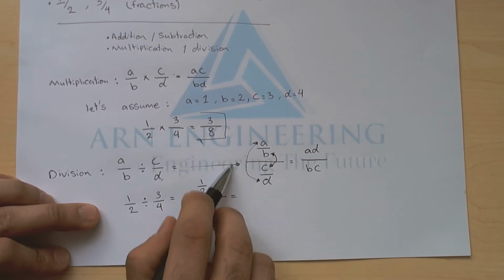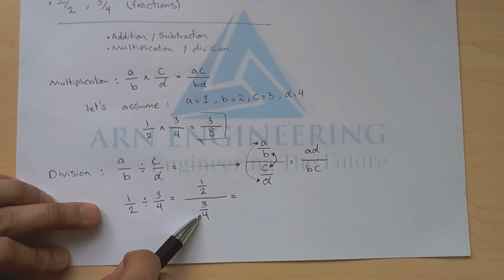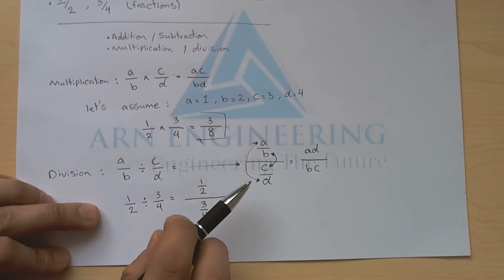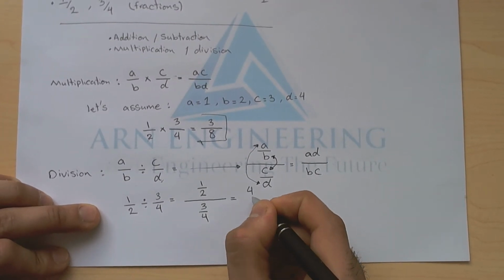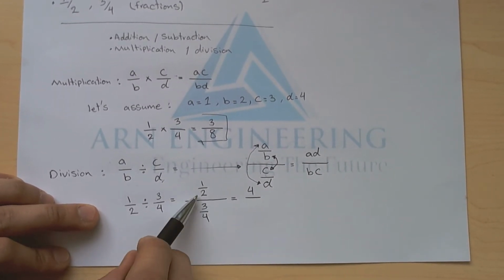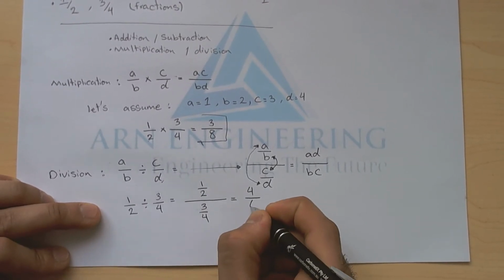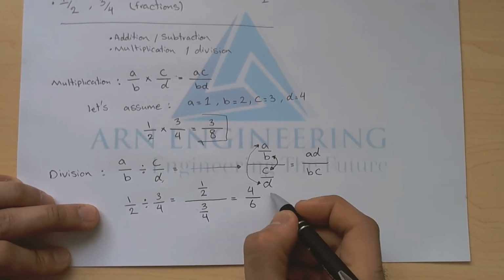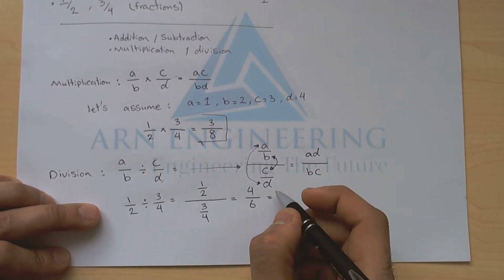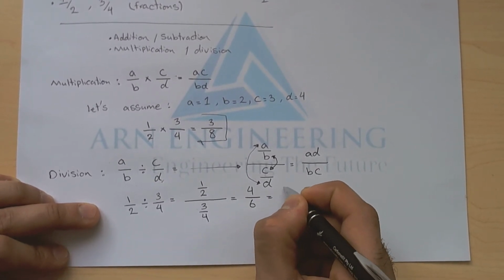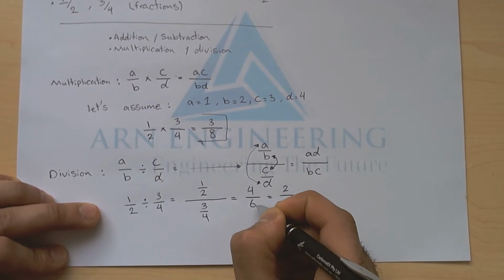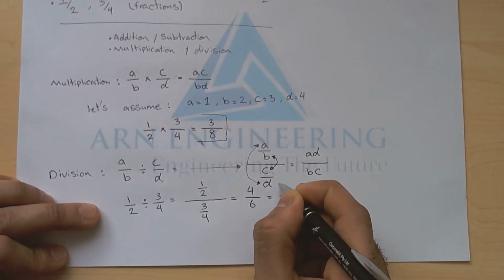Now we do this trick. We multiply 1 by 4 and put it on top. So that just becomes 4. And 2 times 3, and we put it at the bottom. 2 times 3 is 6. And there we go. We can just further simplify this. 4 divided by 2 is 2, and 6 divided by 2 is 3. And that's our answer.